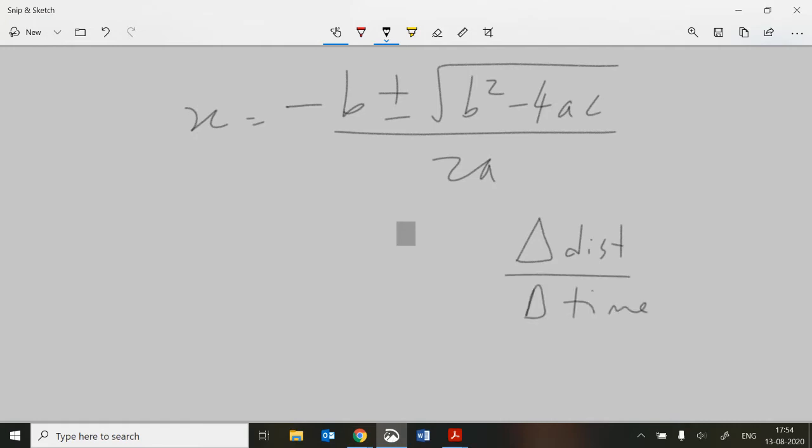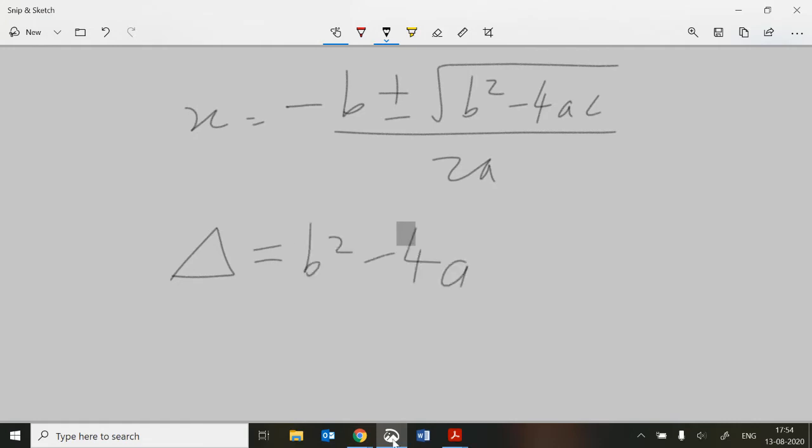In this case, they're letting delta equal not a change in anything, but this thing here. So this is your discriminant, D for delta, for discriminant. I think it's as basic as that. We're calling this b squared minus 4ac.